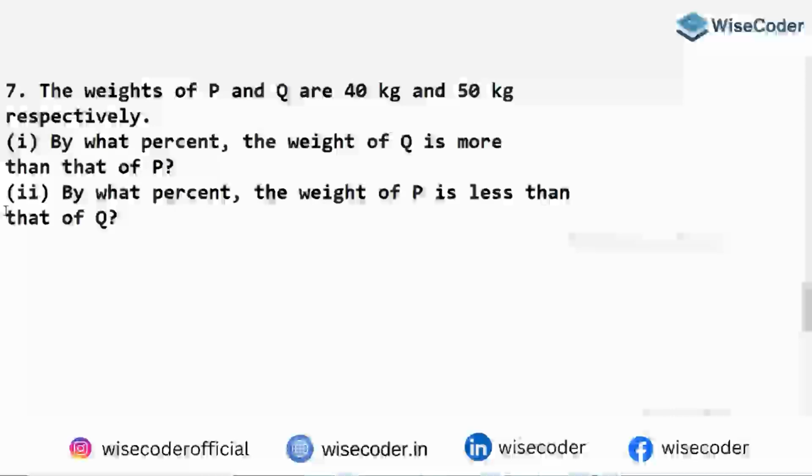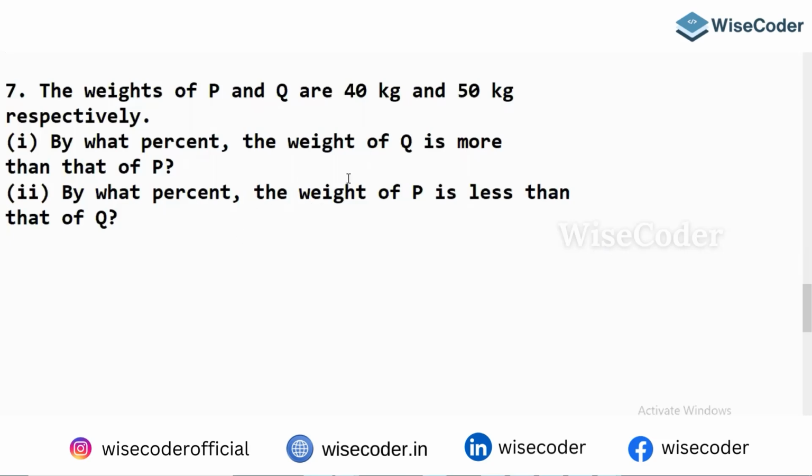The weights of P and Q are 40 kg and 50 kg respectively. He is asking two questions. By what percent is the weight of Q more than that of P? By what percent is the weight of P less than that of Q?